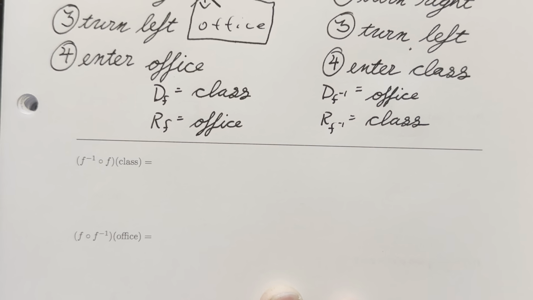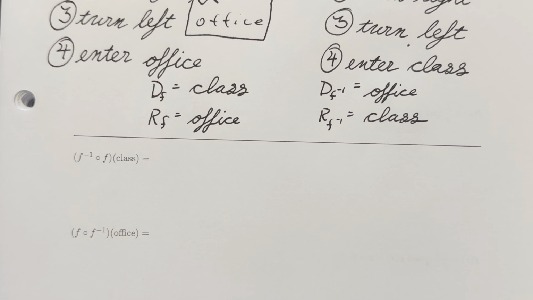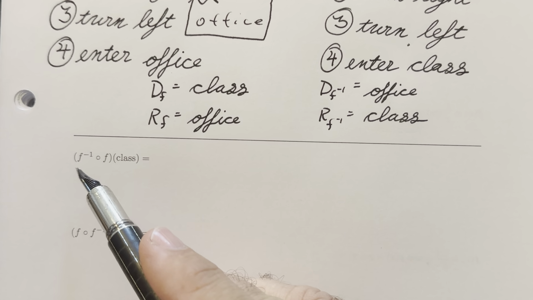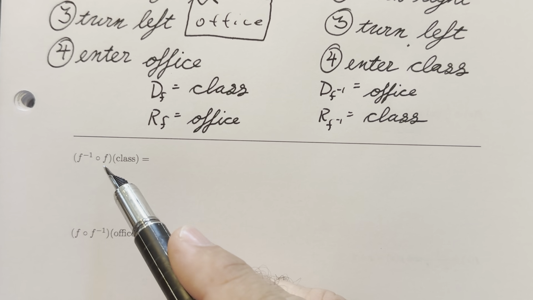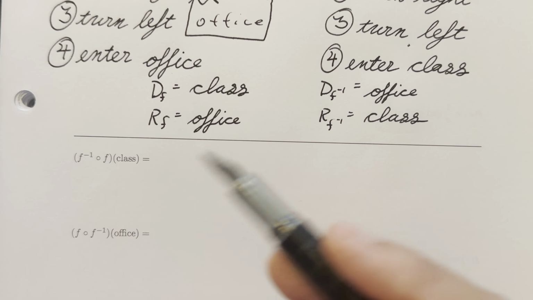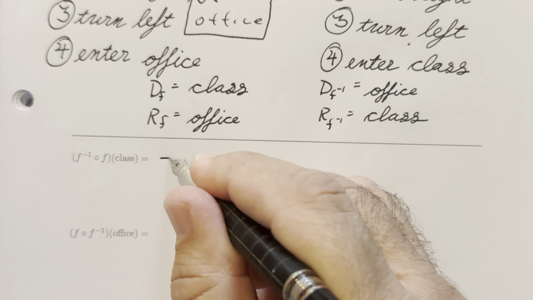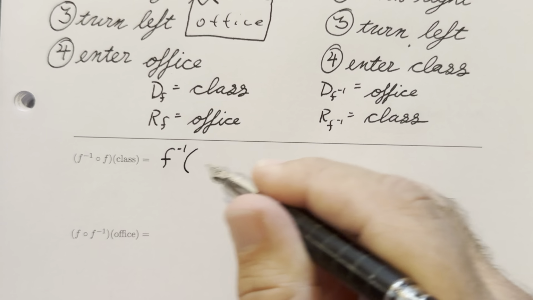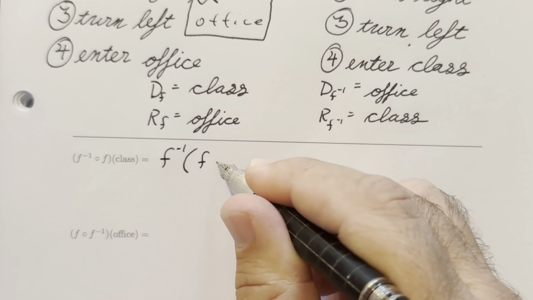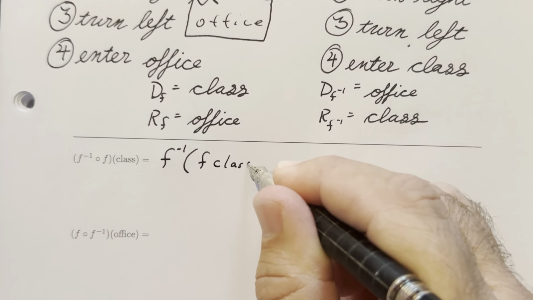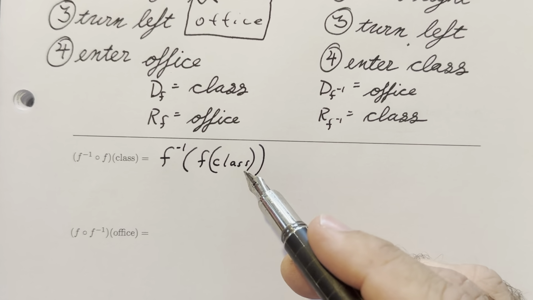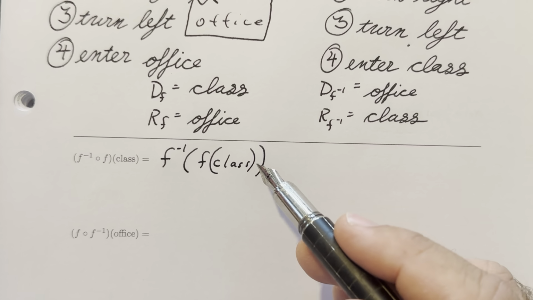So let's revisit composite functions, right? F inverse composite F of class. We'll note that this is simply the same thing as the inverse function acting on the original function at the class, right? The only element in the domain.